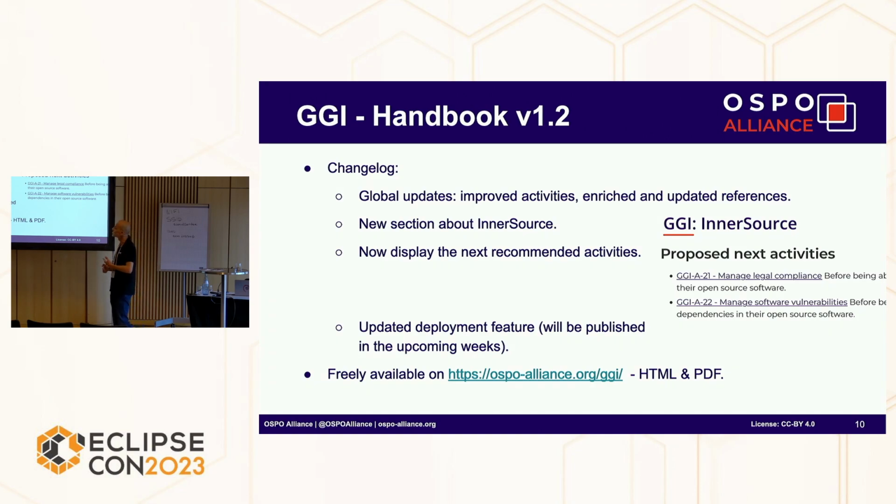We have a new section about Innersource, because many organizations want to or already use Innersource, so how you can use Innersource as a middle step to build your open source management. We also introduced relationships, as I presented before. When you have just completed an activity, there are a few activities that make sense to consider after this one.